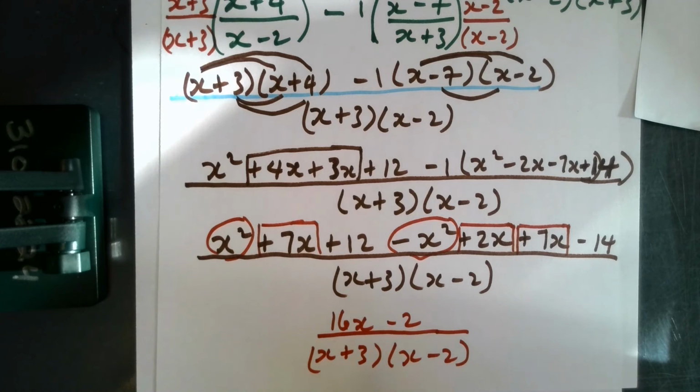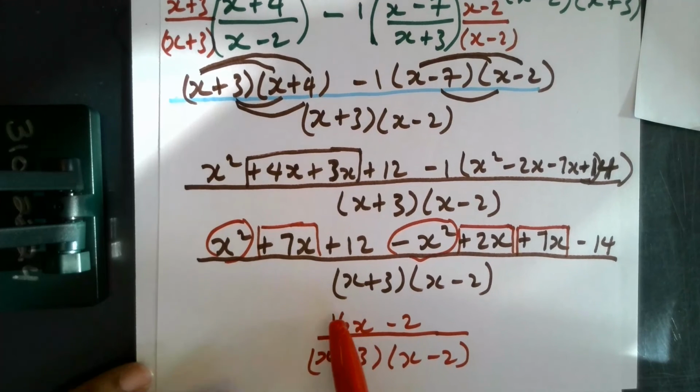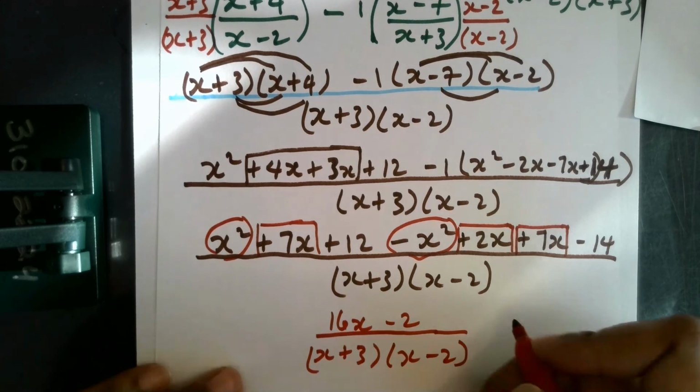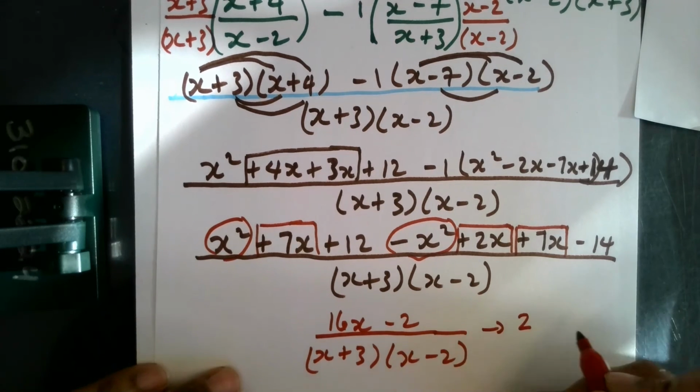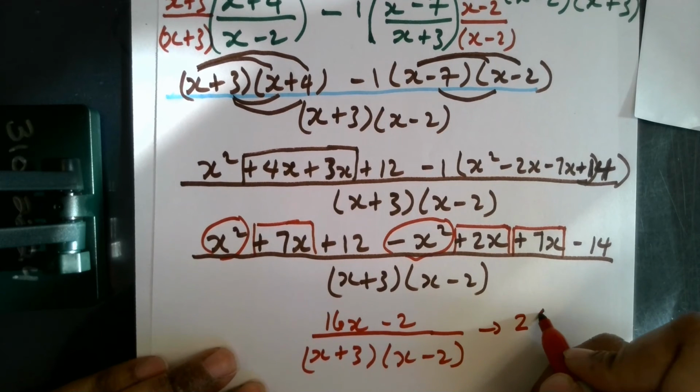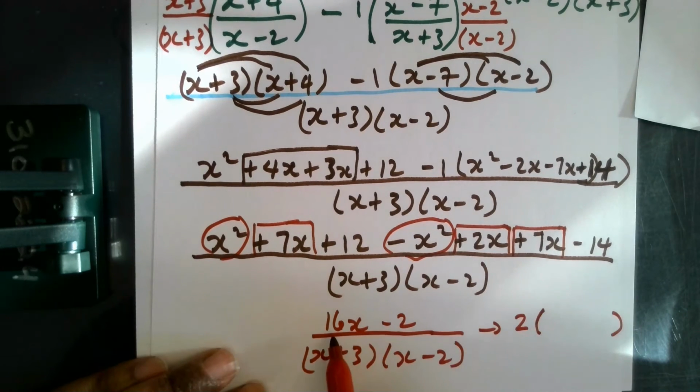Now, I could factorize the top because the GCF of these two terms is 2, so I could factor out a 2. And inside I would have what? I would divide each term by my GCF, which is 2.